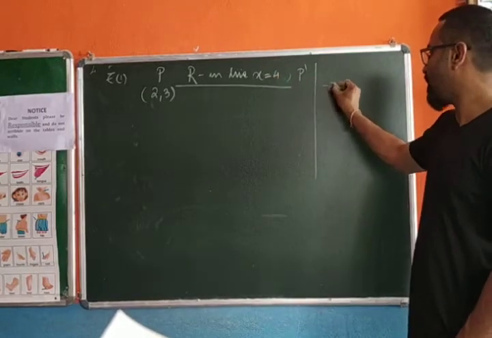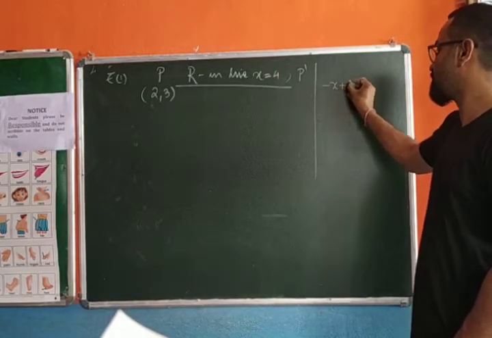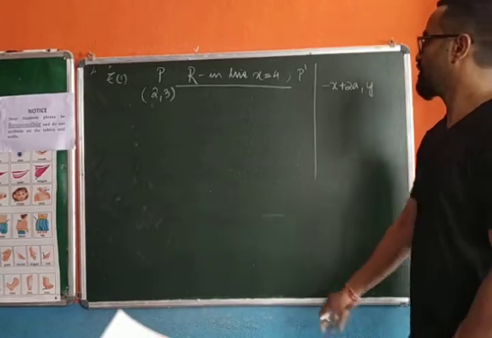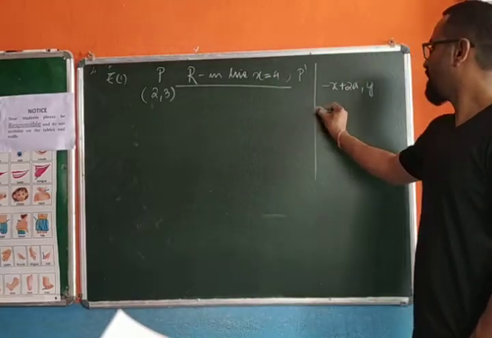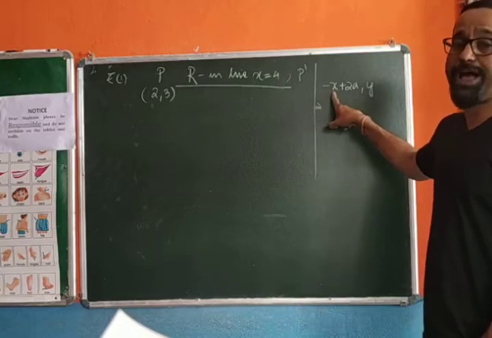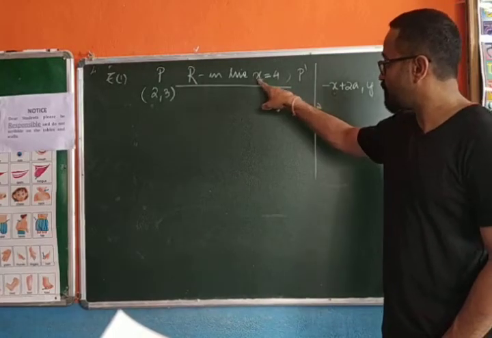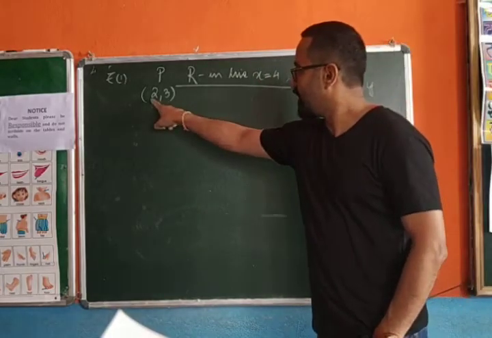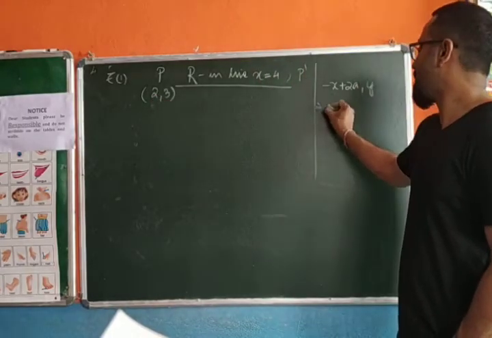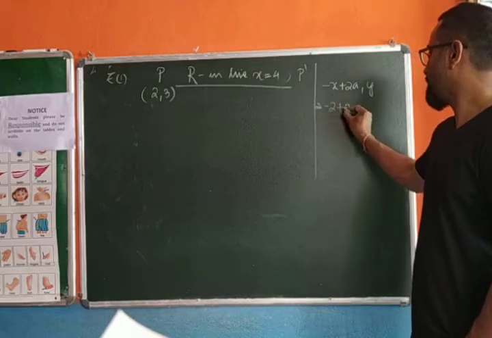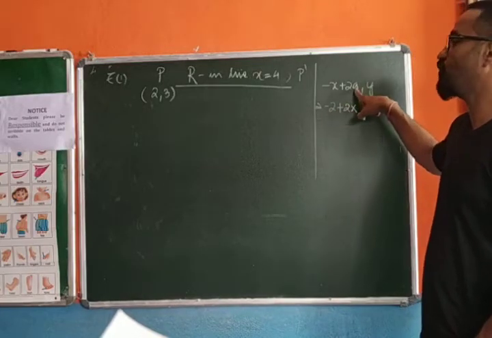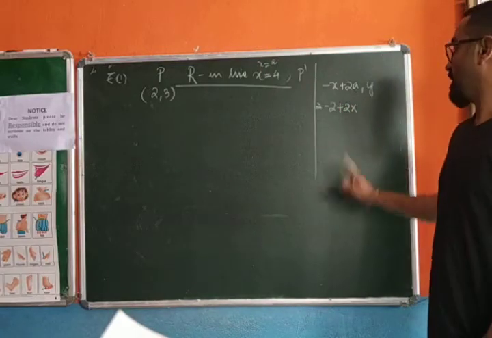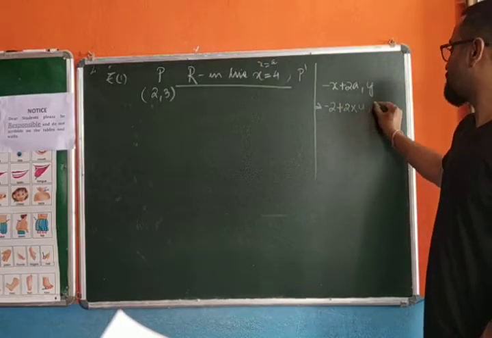So you write the formula: minus x plus 2a, y. Substitute. X stands for abscissa. Don't get mixed up with this value. X is abscissa. It is -2, plus 2 multiplied by value of a, which is 4, and y is 3.